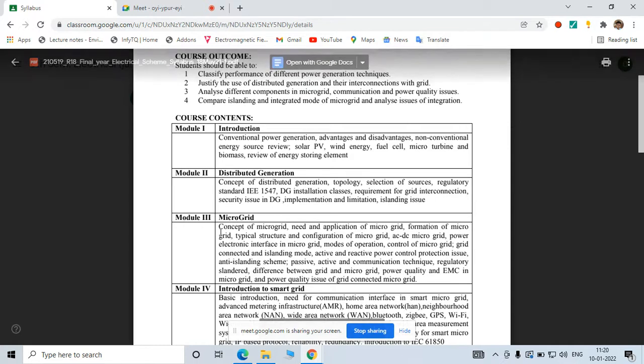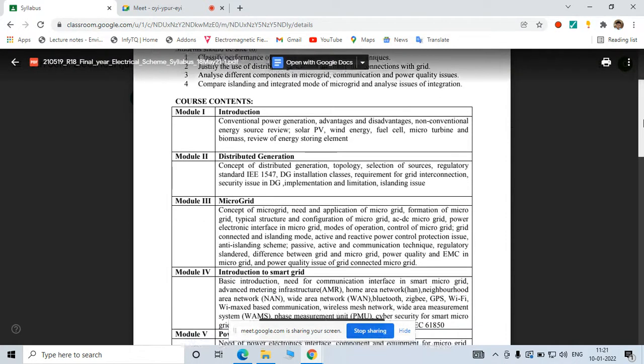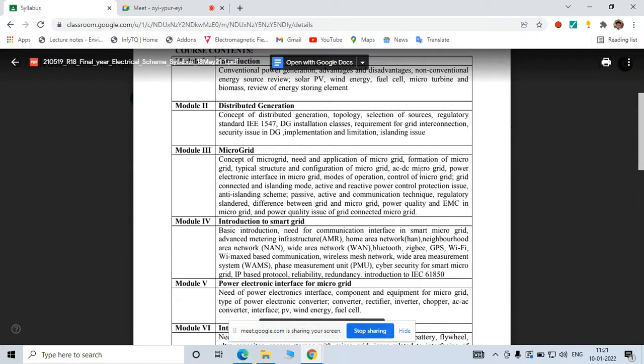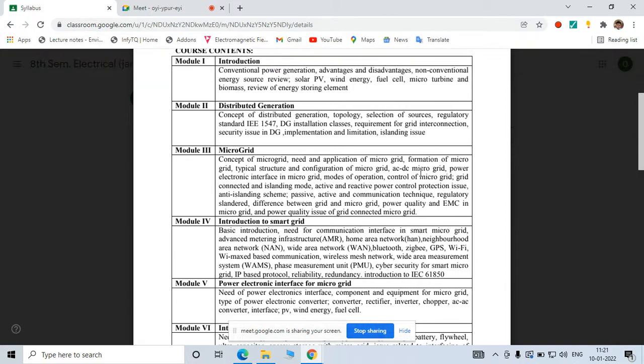Module 3 is microgrid. In that, you make a small grid and analyze what components are required to run such types of grid, what the very essential components are, what you need to take care of, and how to handle the power in the actual generating or power handling plant, depending on the load conditions.